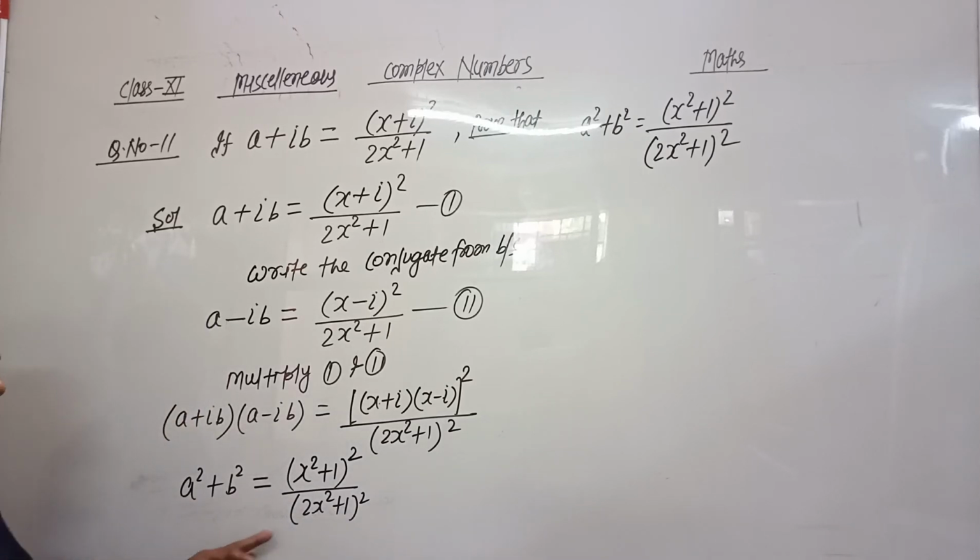So we have proved LHS equals RHS. a square plus b square is equal to (x square plus 1) the whole square upon (2x square plus 1) the whole square.